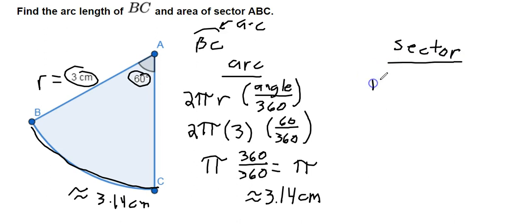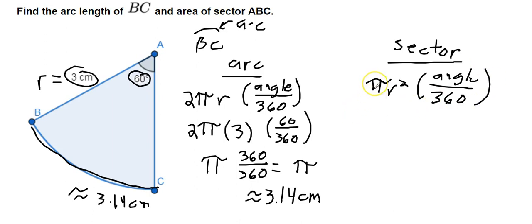It's going to be pi times our radius squared times the angle over 360. So that gives us pi times 3 squared times 60 over 360.